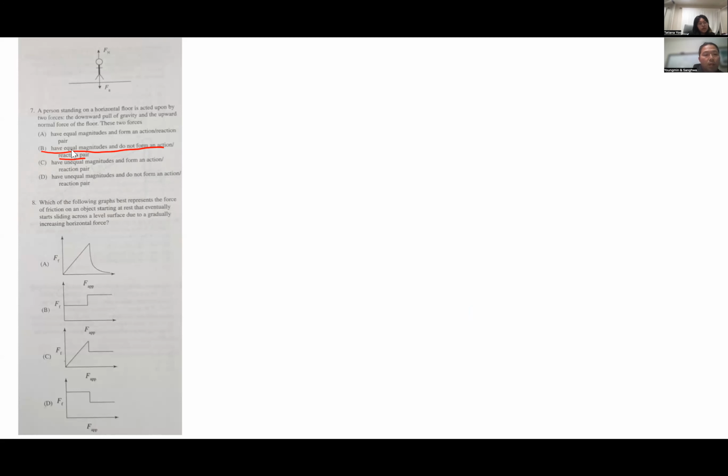B. Just before an object on a rough surface moves, it experiences static friction, which is proportional to the external force. So the more force applied to the object, the higher and higher the friction force increases.